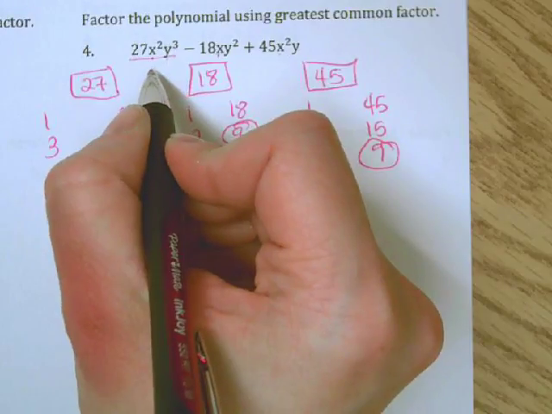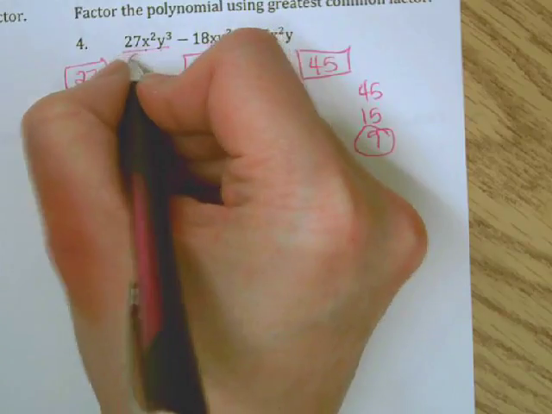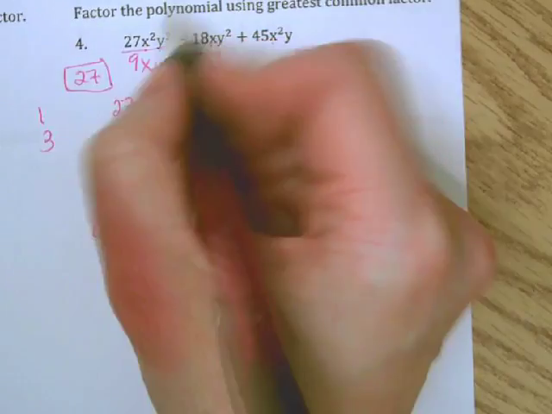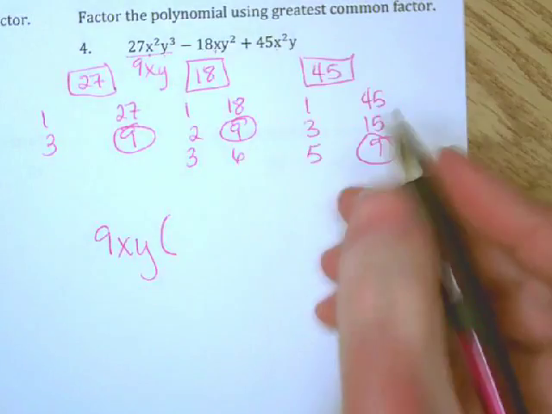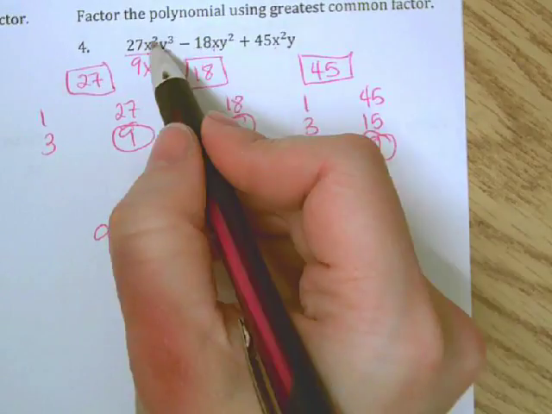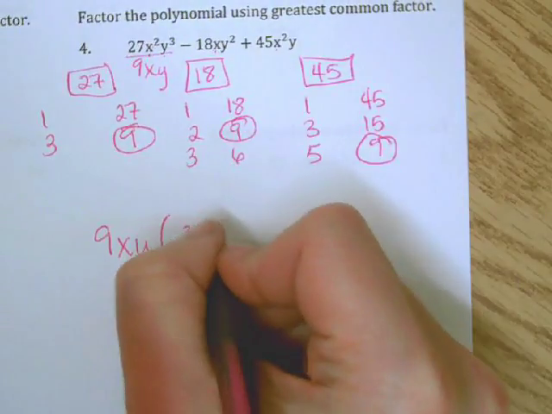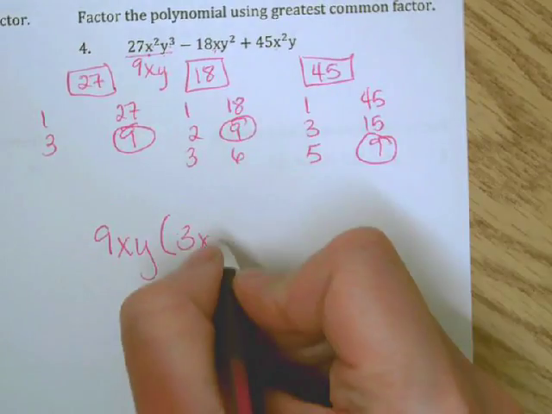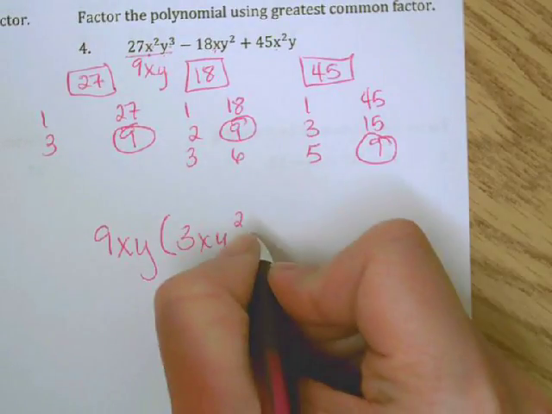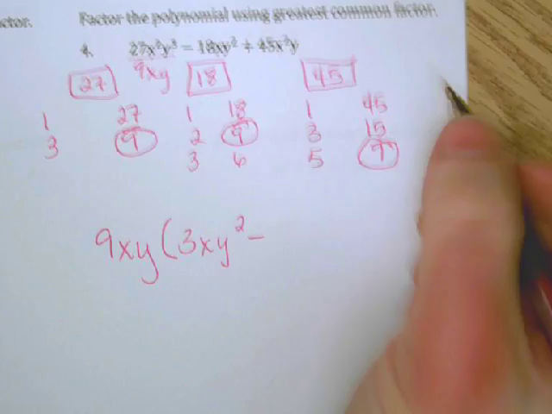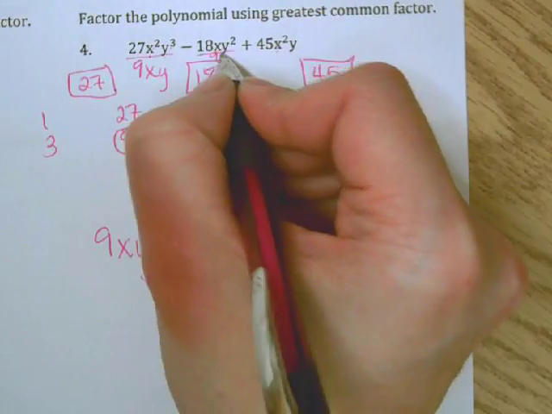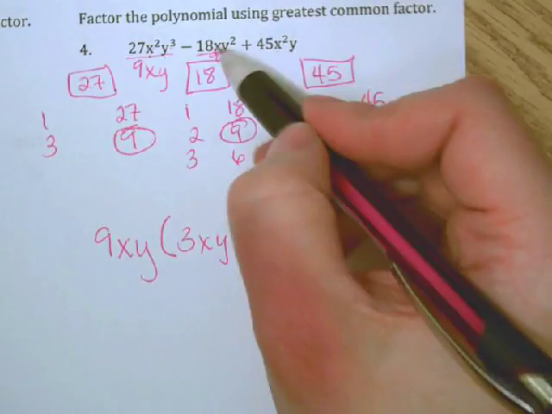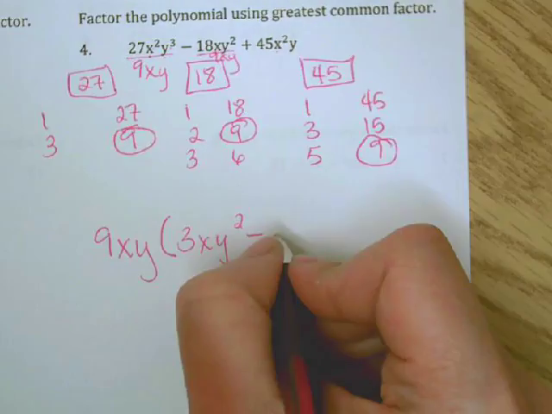So if I take 27 x squared y to the third and I divide out a 9xy, 27 divided by 9 gives me 3. X squared divided by x gives me x. Y to the third divided by y gives me y to the second. Bring down that minus. If I divide 9xy out of that one, 18 divided by 9 gives me 2.